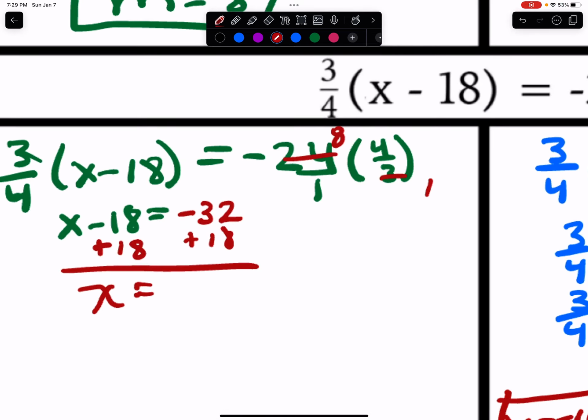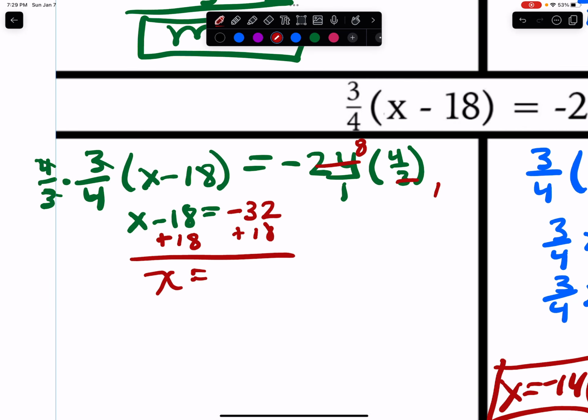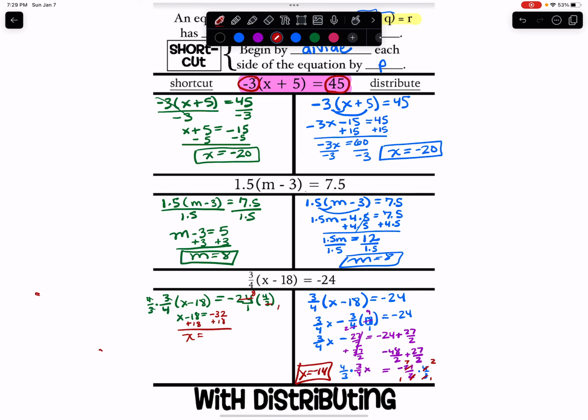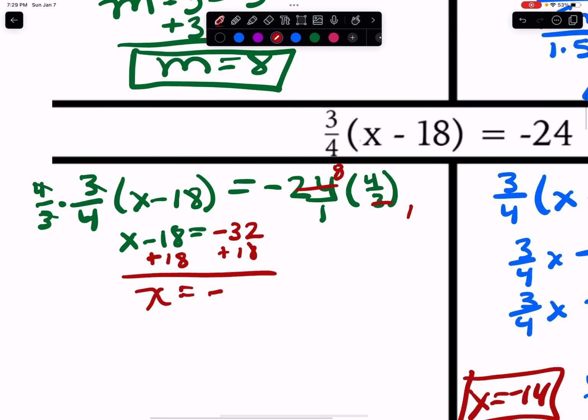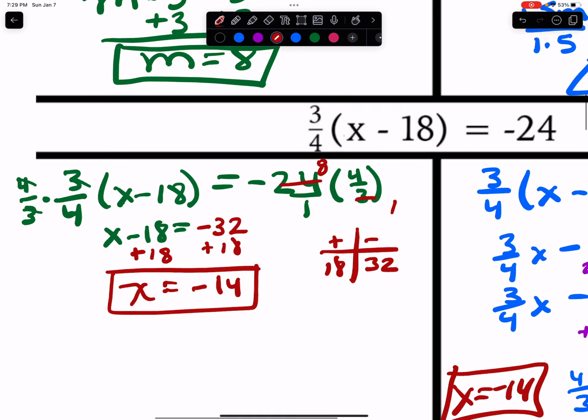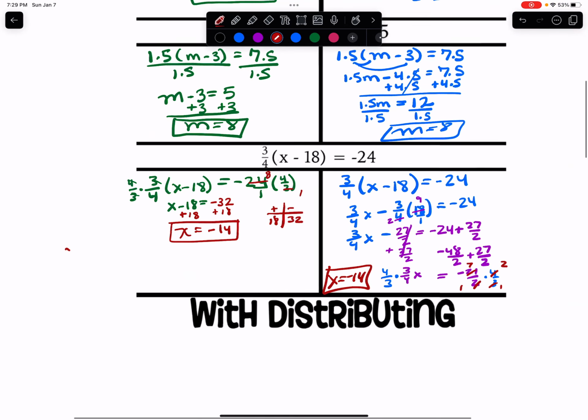Oh my gosh, I have more negatives than positives. Sometimes I have to tap off that page, right? Because if I did like a little scoreboard on this, I'd have 32 negatives and 18 positives, so the negatives would win. Look how much less work that was. Just sheer volume of writing is going to be a lot less if you can use that shortcut.